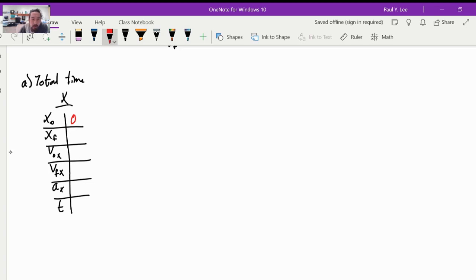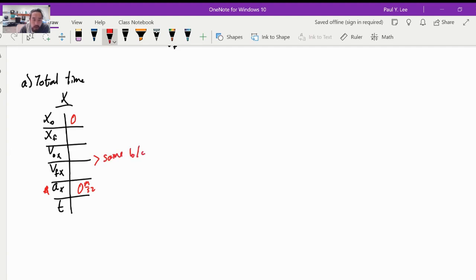If you remember from the previous video, where we did the post-lab analysis, we discovered that the acceleration on the x-axis, as long as there is no air resistance, will always be 0 meters per second squared. Now I'm going to put a little star there. The more you do this, it'll become second nature, but until it does, you should commit it to memory. So that makes your initial velocity and your final velocity the same.